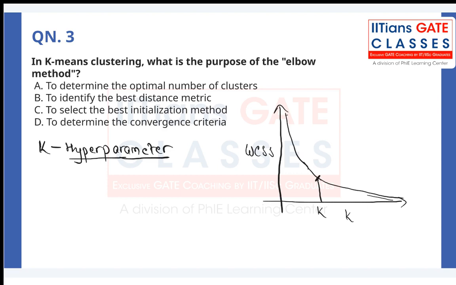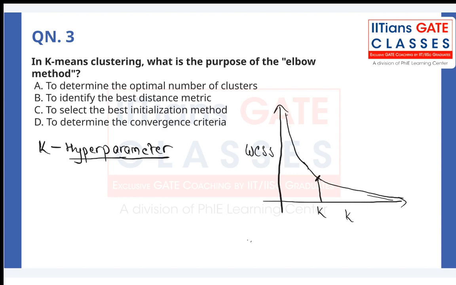You are trying to fit a cluster. You fix the value of K before actually training the model. So if I tell you to find the optimal value of K, such that your within cluster sum of squares is the minimum, what you will do is draw something called an elbow method, where you consider different values of K and plot the graph.